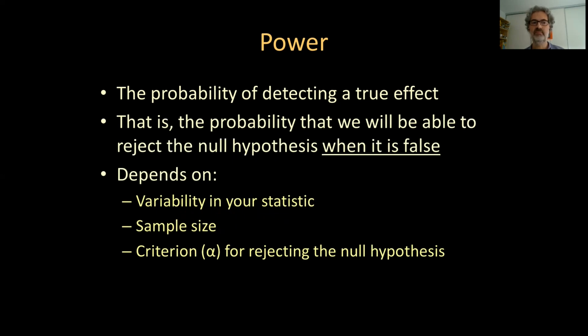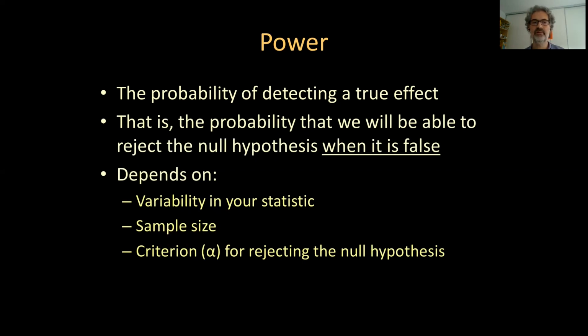Second, it depends on the sample size, which goes on the denominator in the square root. So if you have a larger sample size, you will also have a higher power, but the relationship is not linear. To have a substantial increase in power, you will need a very large increase in sample size.